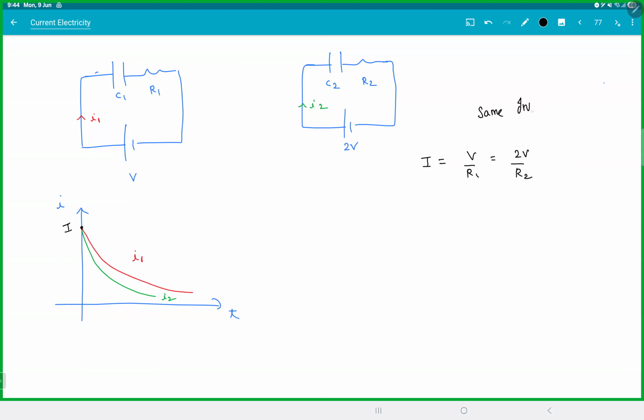At t equals 0, the capacitor behaves like a wire. So R2 by R1 is 2. R2 is greater than R1.